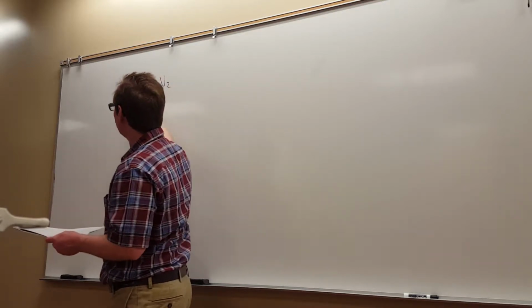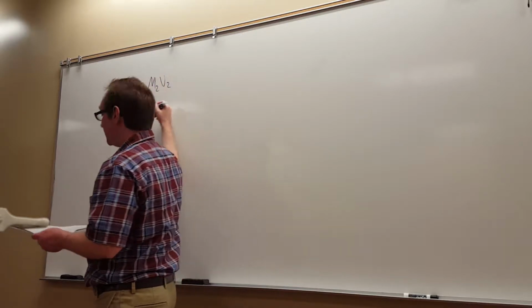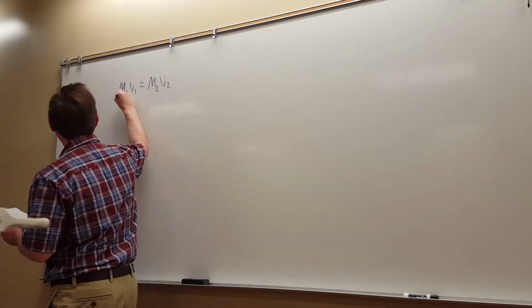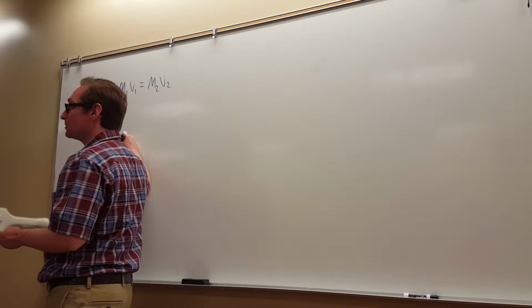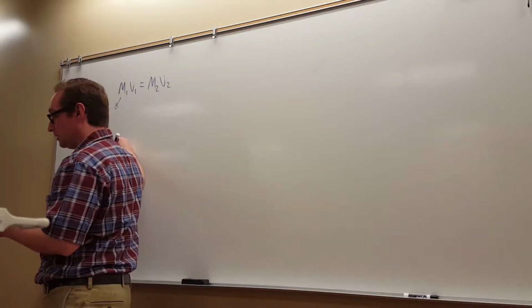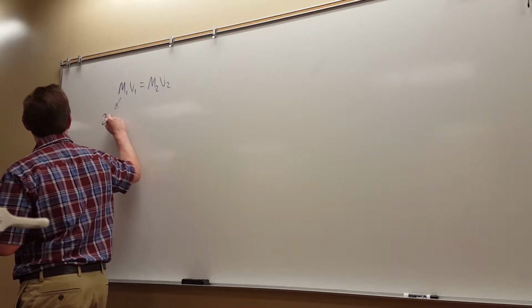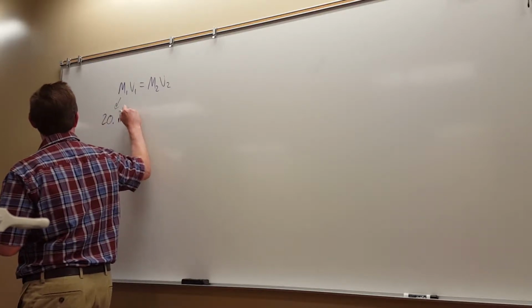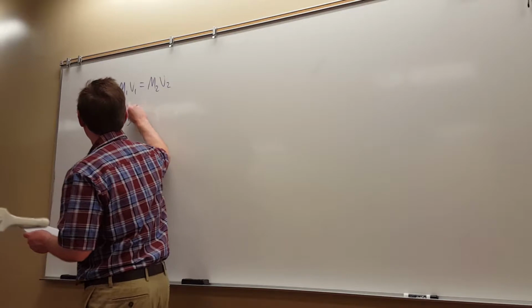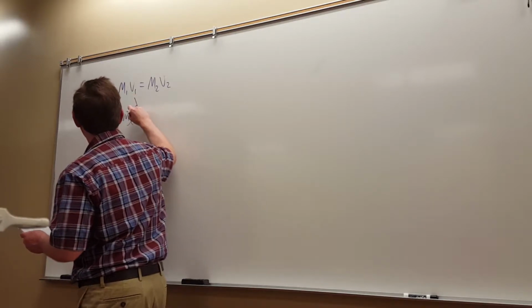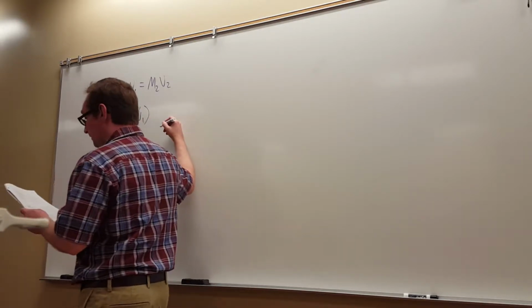So of these 4 variables, we have 3 of them. What is my M1, my initial molarity? 20. Okay, so I've got 20 millimolar. My V1 is what it's asking me for.